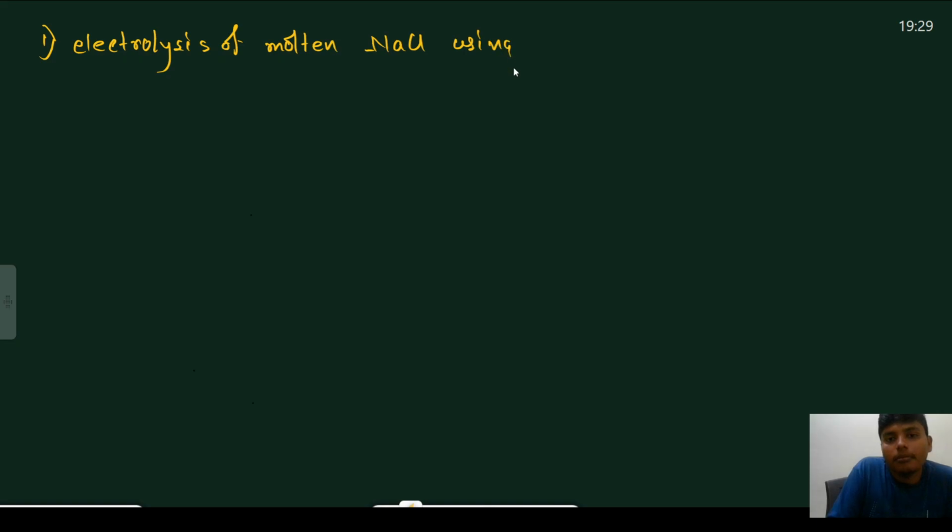Now one example we will take, you will understand. Let's suppose we are doing electrolysis of molten NaCl using platinum electrode.